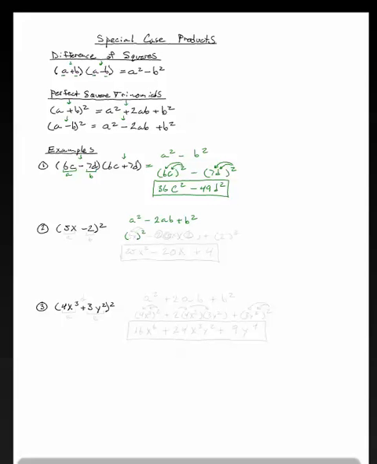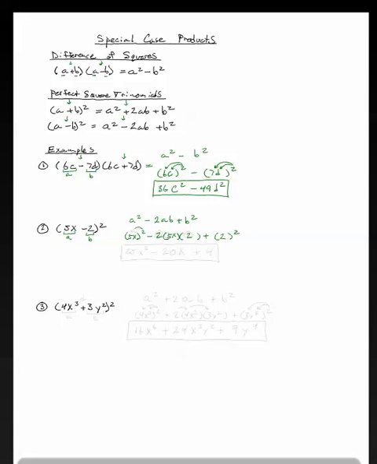Now, if I replace each letter with a set of empty parentheses, and I come over to my problem, my first term is my a, my second term is my b. So I've got a squared, so that's 5x squared, and then I've got 2ab, so that a is a 5x, and then the b is 2, and then b squared, so that'd be 2 squared.